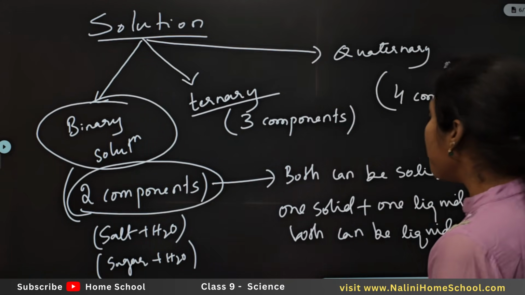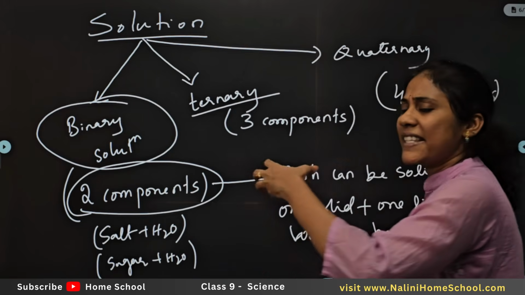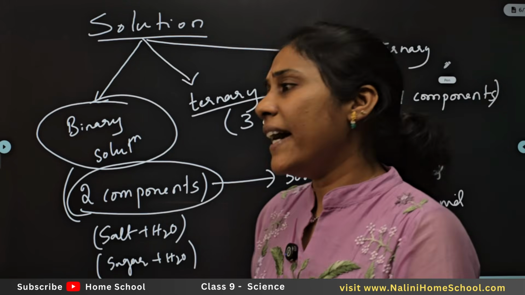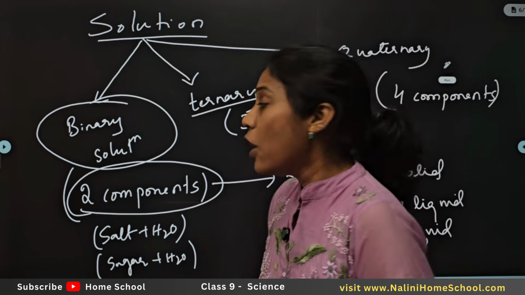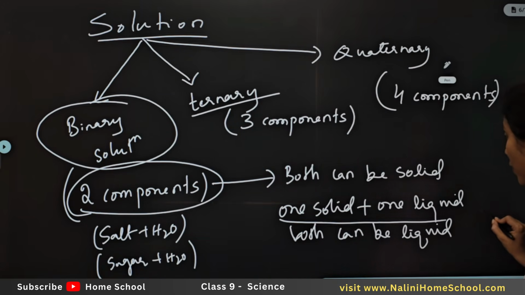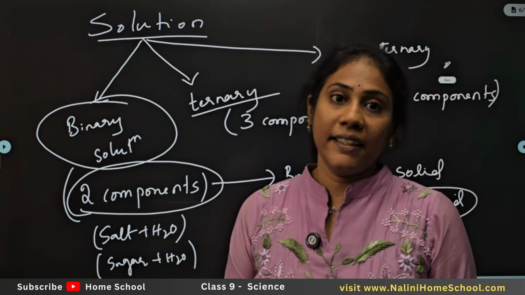The physical nature of the components can be anything. It is not that both should be solids, or both liquids, or one solid and one liquid. It is not like that.